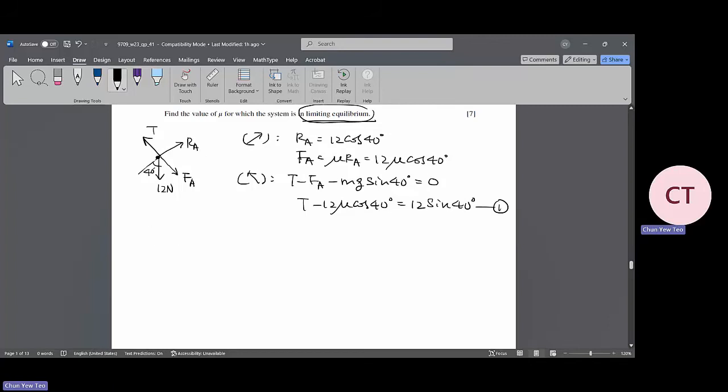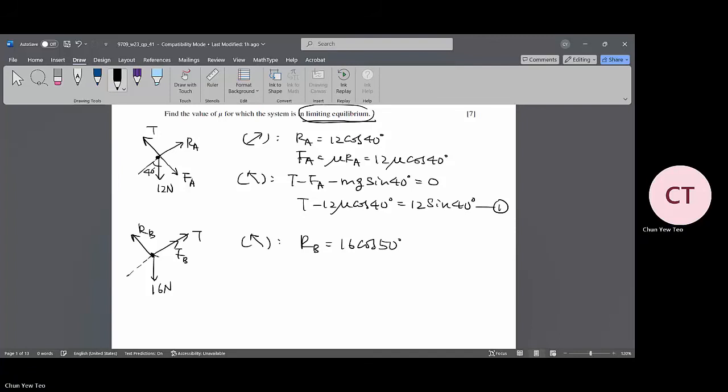So now at B, sorry. So we have a tension here, and this is the normal contact. This is the weight, and your frictional force goes this way. So if you resolve the forces this way, you have RB equals to 16 cos 50. Well, this is the 50, by the way.